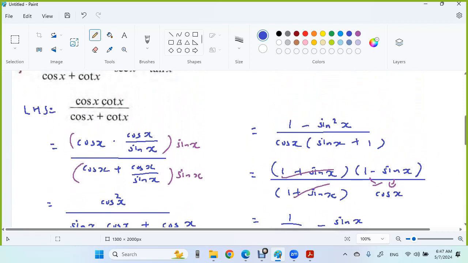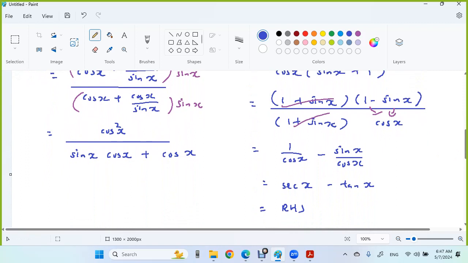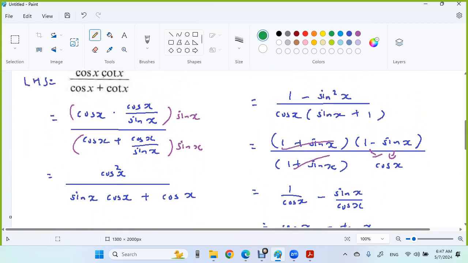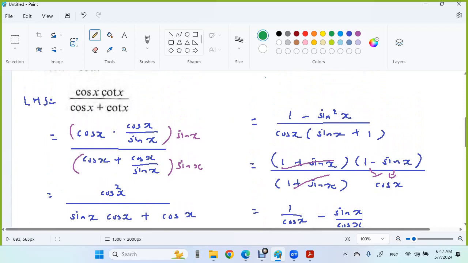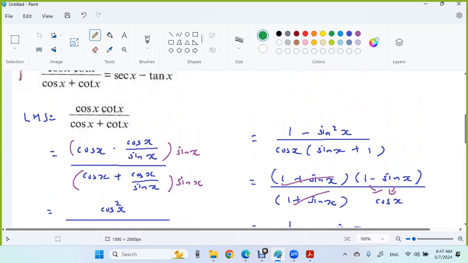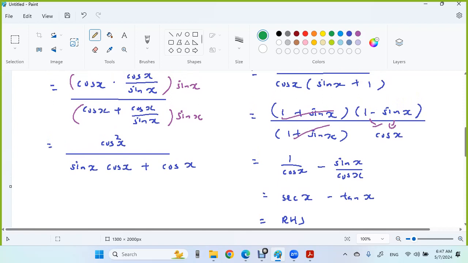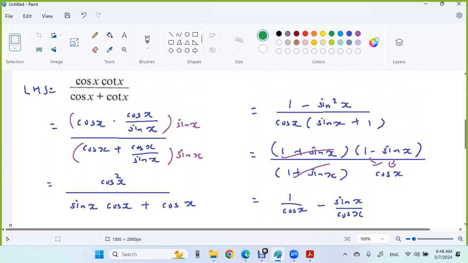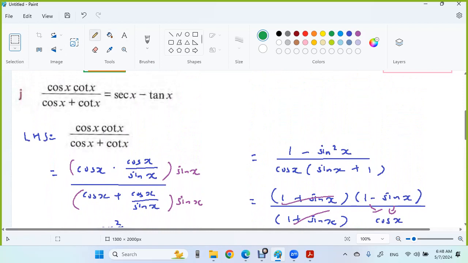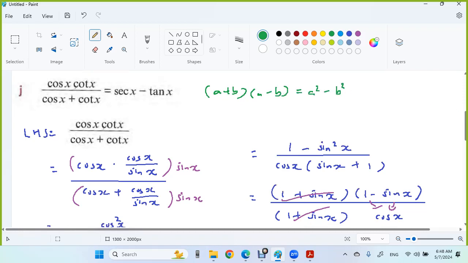Okay, so we have a plus b multiplied with a minus b equal to a square minus b square.